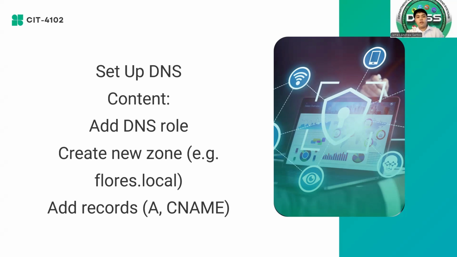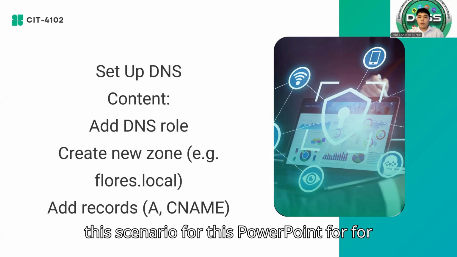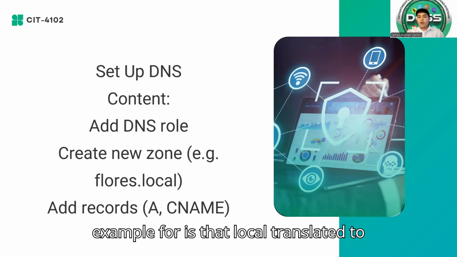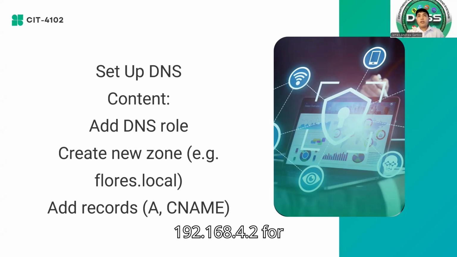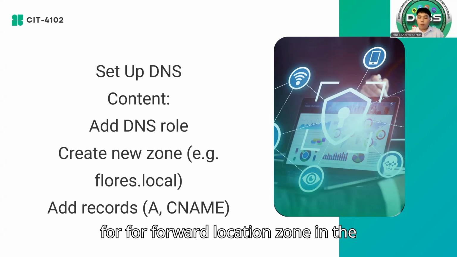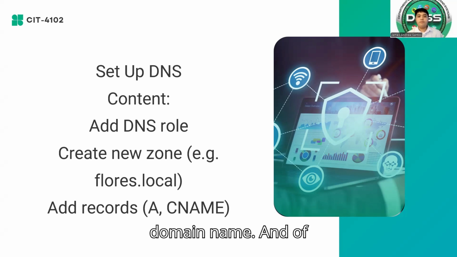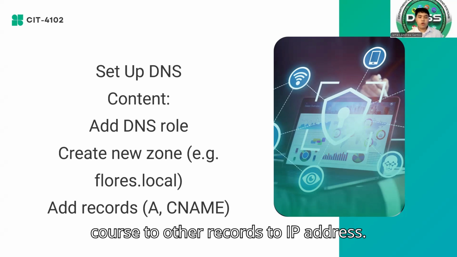In this scenario, we create a new zone for this PowerPoint, forest.local. In this example, forest.local translates to 192.168.4.2 in the forward lookup zone. In the reverse lookup zone, IP translates to the domain name. And of course, we add records for the IP address.